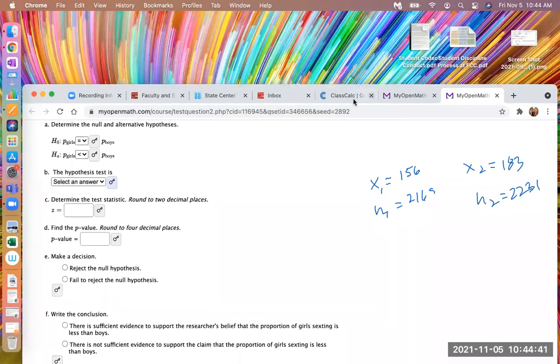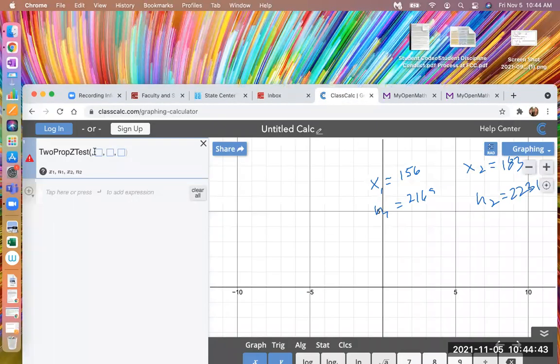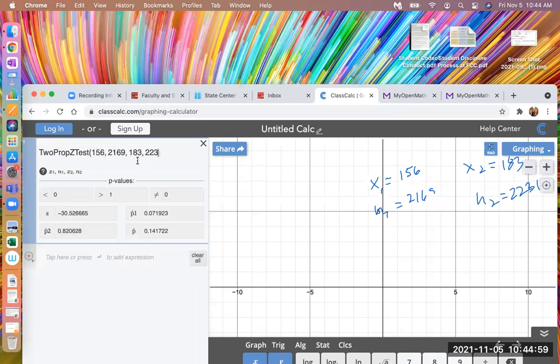So I come over here and I put X1 is 156 and N1 is 2169 because that was the information from the girls. And then now the information of the boys, 183 and 2231. And it gives me all 3 p-values for all 3 types of hypothesis tests that I could do.